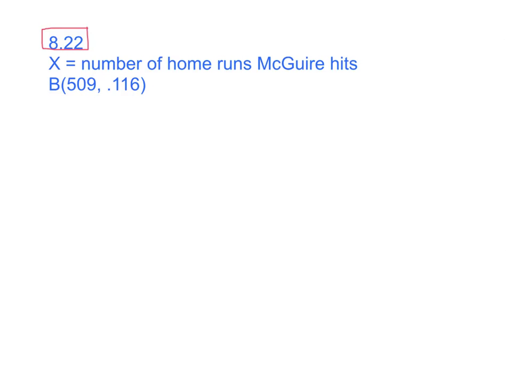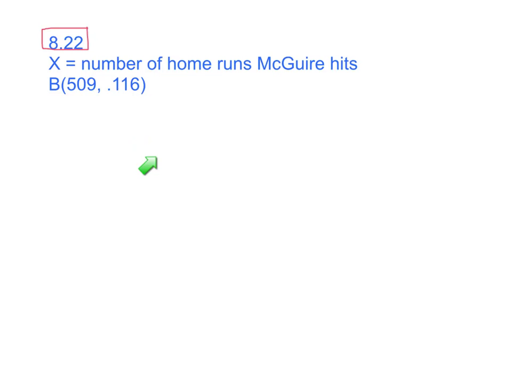I'm hoping that you understand that we're going to define our random variable x to be the number of home runs that McGuire hits, and that this is a binomial distribution with our fixed number of observations, 509, and then our probability of success of 0.116, since this probability of hitting a home run is 11.6%.